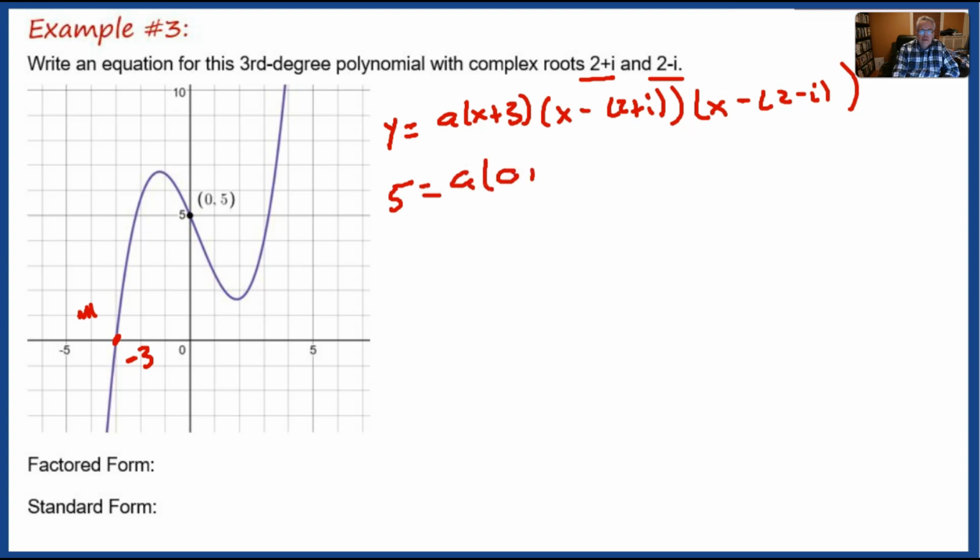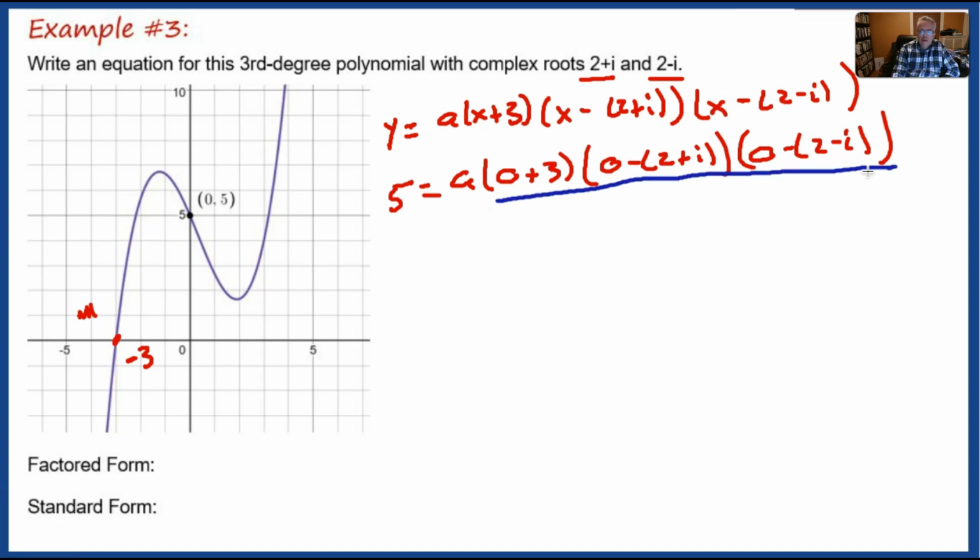We get a times 0 plus 3 times 0 minus 2 plus i times 0 minus 2 minus i. As I said each time, this is all just a number. If we carefully enter it in our calculator, getting all the parentheses in the right place, you actually get 15. It doesn't look like 15, but it is. So we get 5 equals a times 15, so a is 5 divided by 15, which is 1/3.